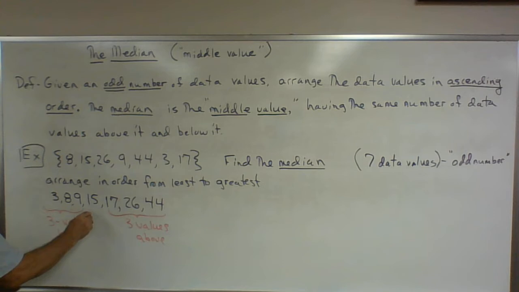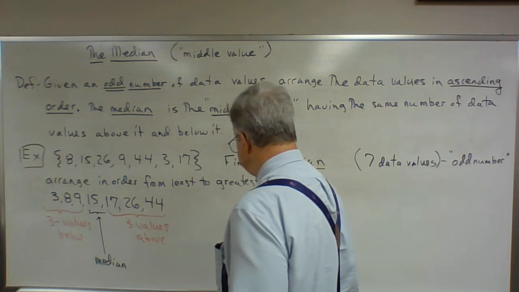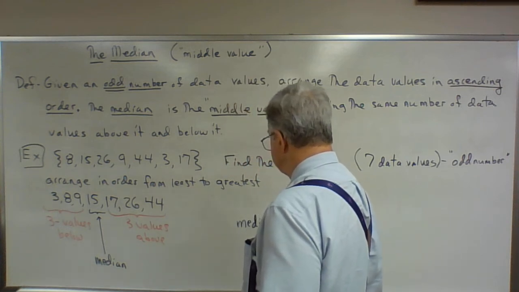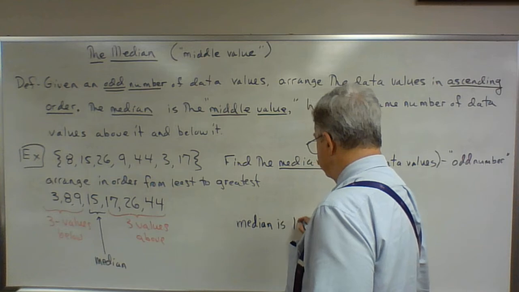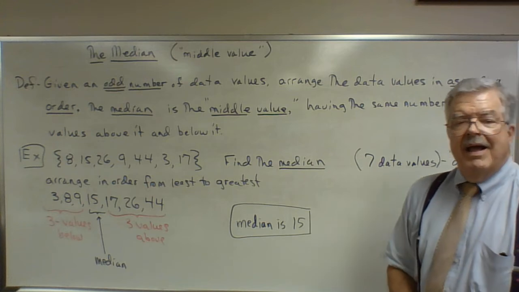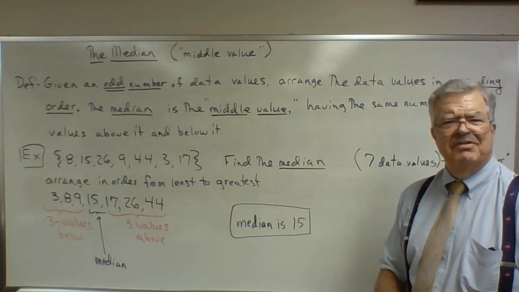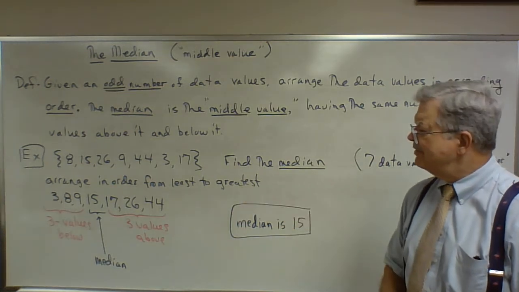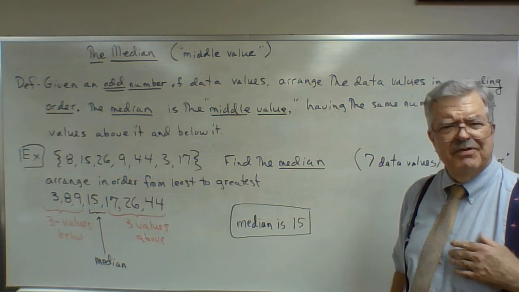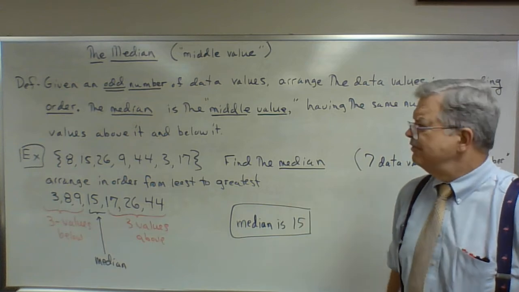The value that's in the middle, 15. That wasn't too hard, was it? Now, is this kind of analysis, this kind of way of determining what's average, useful? Maybe. Let's do a couple more examples.